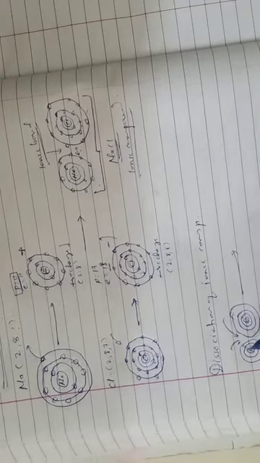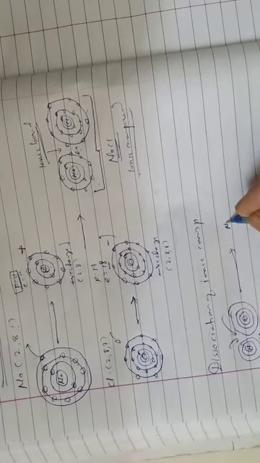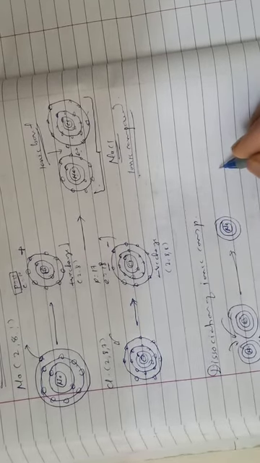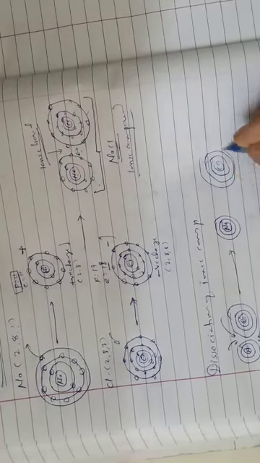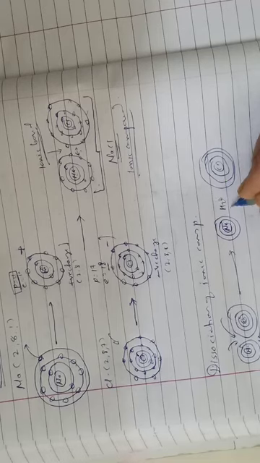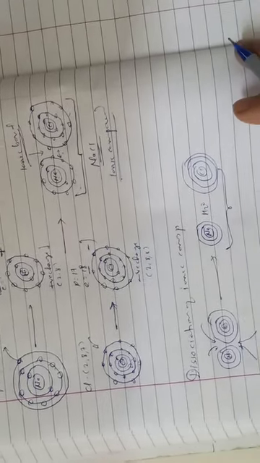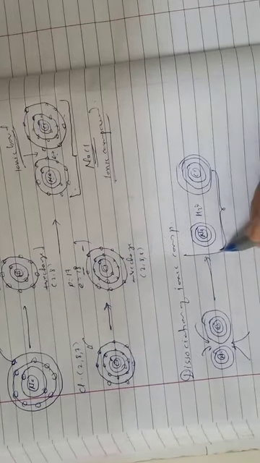So these ions, which were compactly arranged, because of the presence of water get separated from each other because of the water energy. This is known as dissociation of an ionic compound.